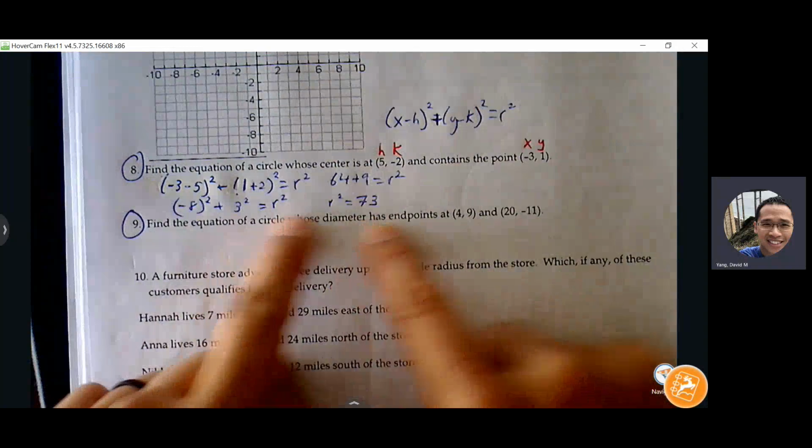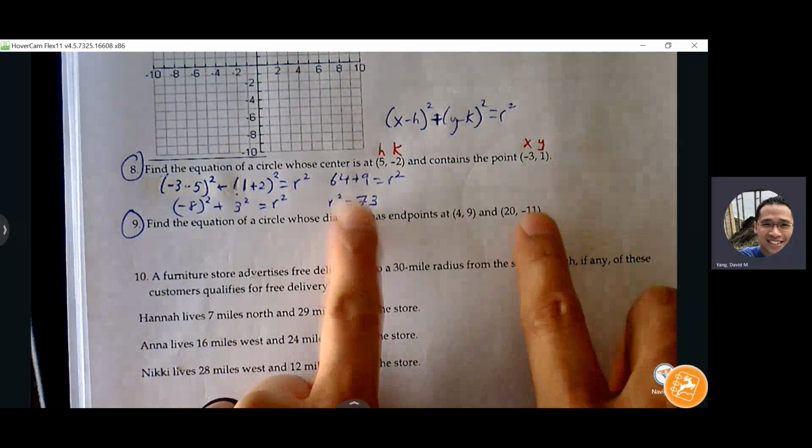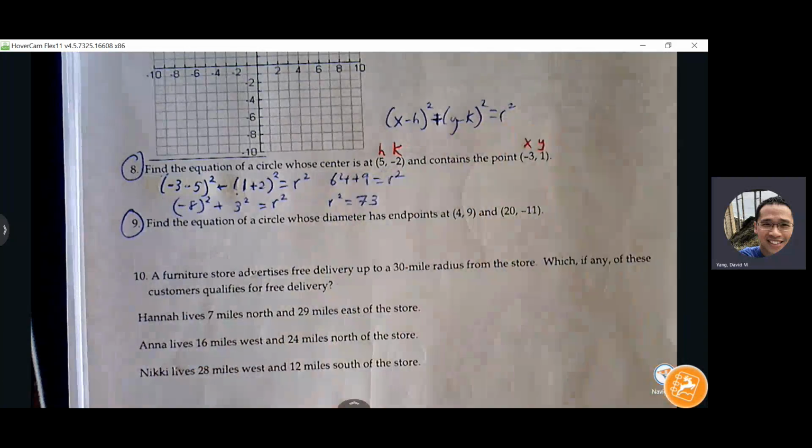So there's my r squared. That's exactly what I need for my equation. So all I want to do when I write the equation is replace the h, k and the r, but leave the x and y as variables.